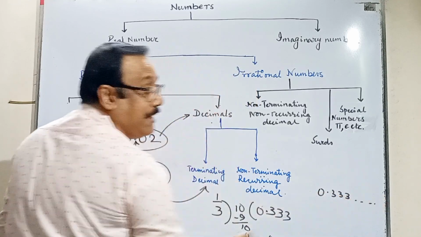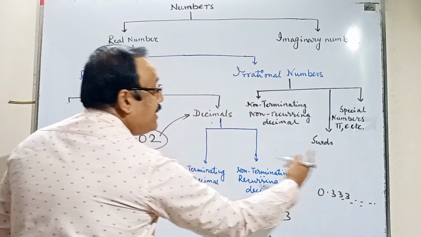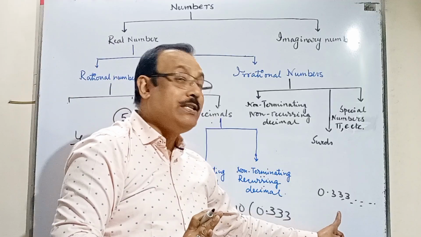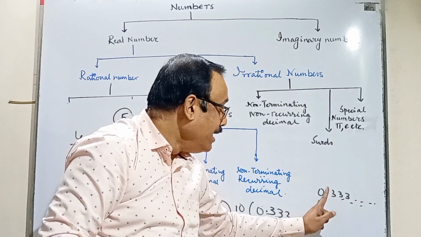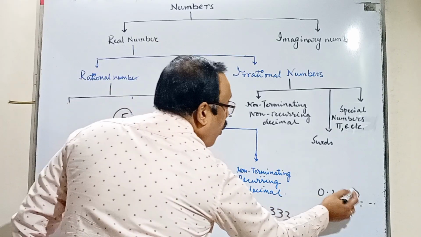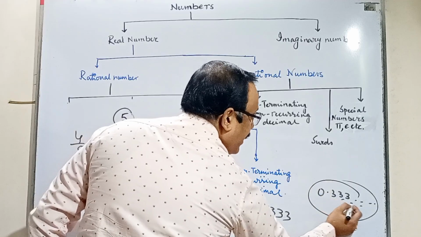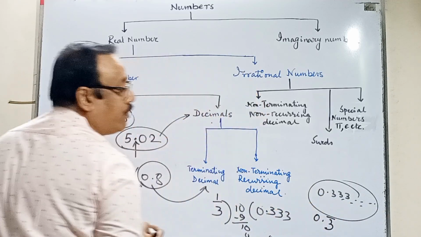This number is repeating. Whenever this number starts repeating, we say this type of decimal has not terminated. So this is called non-terminating, and not only non-terminating but the numbers have repeated, so this is called non-terminating repeating. We write this number as 0.33 dot dot, or sometimes we write it as 0.3 with a bar on top of it.